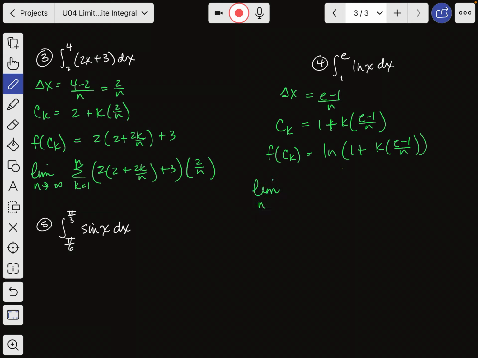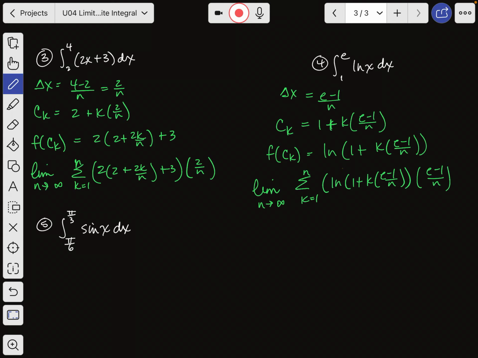And the last step, the limit as n approaches infinity of the sum from 1 to n rectangles. And this is the natural log of 1 plus k times (e minus 1) over n times delta x.